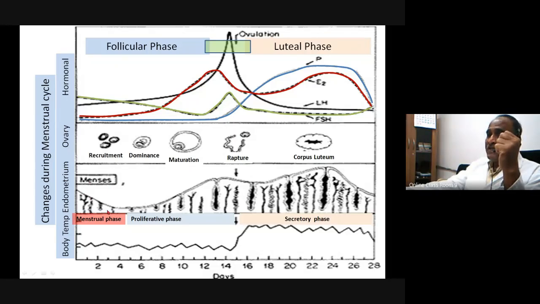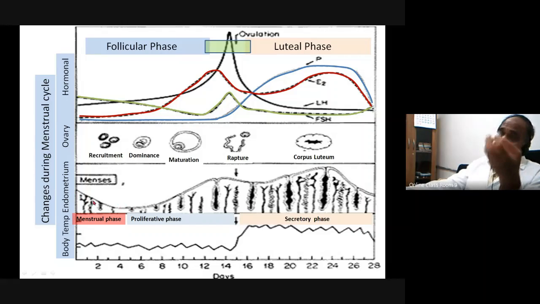In the menstrual phase, the endometrium sheds off. That means a part of the endometrium goes into necrosis and is removed because of the spasm of the capillaries.